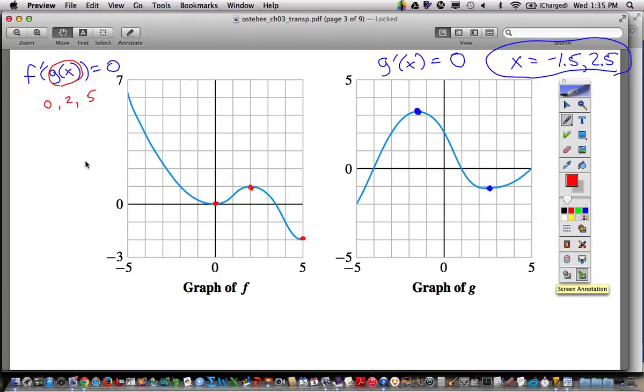Which means what? We need the red thing to be 0, 2, or 5. So we need g of x to be 0, or we need g of x to be 2, or we need g of x to be 5. Well, when will g of x be a 0?